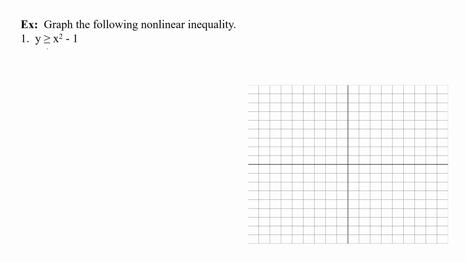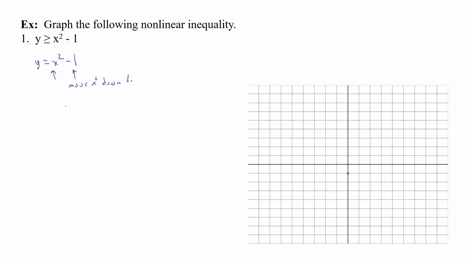So if we convert that to y equals x squared minus 1, what does that remind us of? Well, x squared is our nice x squared function. Minus 1 means we move x squared down 1. Okay. So if we move x squared down 1, that means our vertex is right there.